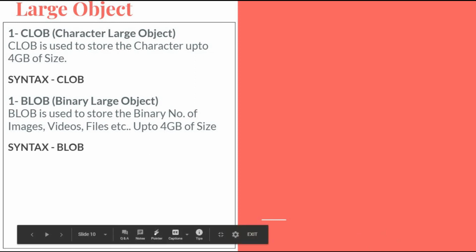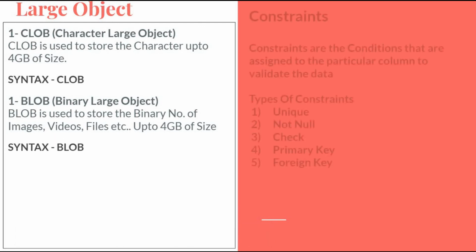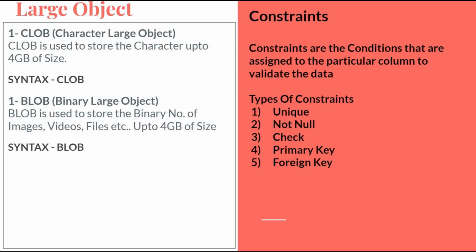Now, as I told you earlier, we will learn about constraints. So here we will start our next slide with constraints. Constraints are the conditions that are assigned to a particular column to validate the data. Let's suppose I have a column of employee id.